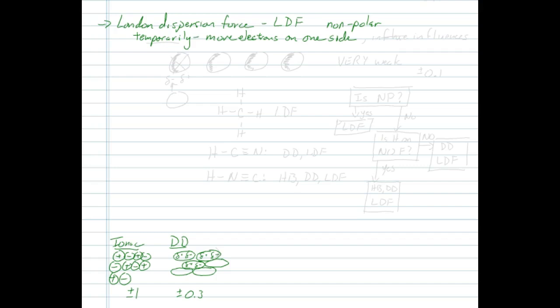So it's a temporary dipole. You have more electrons on one side than the other, and then that influences its neighbors.